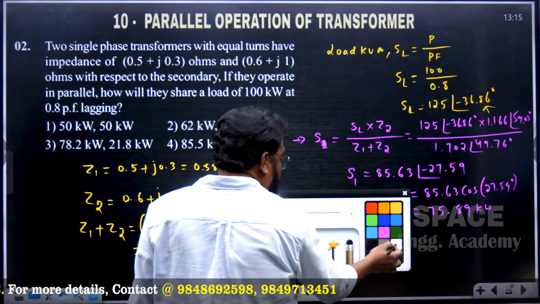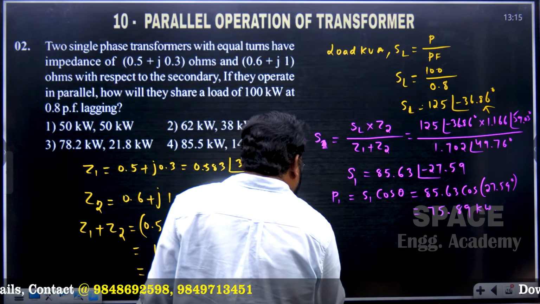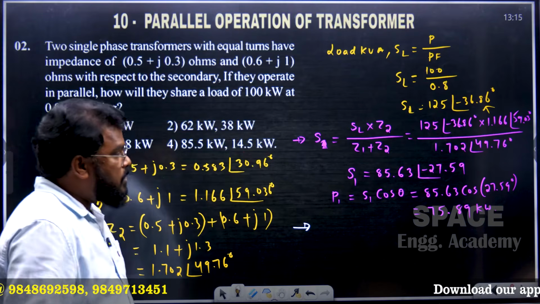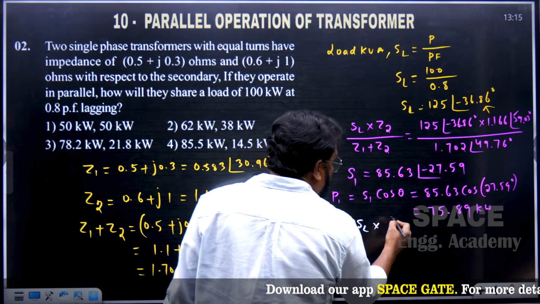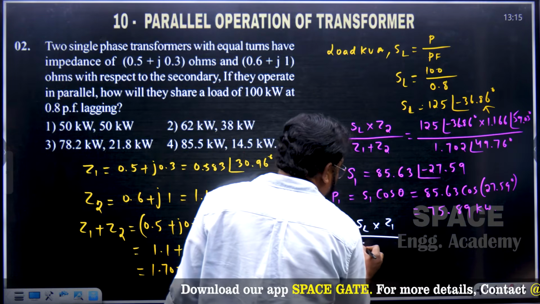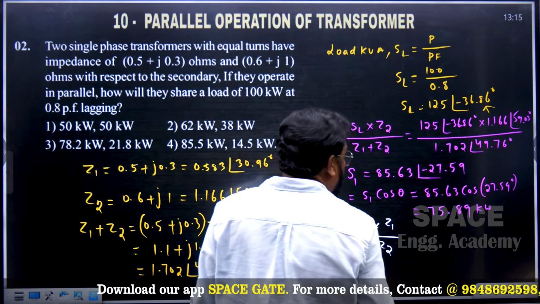So this is the apparent power shared by the transformer 2. So S2 is equal to the load KVA into Z1 divided by Z1 plus Z2 values.